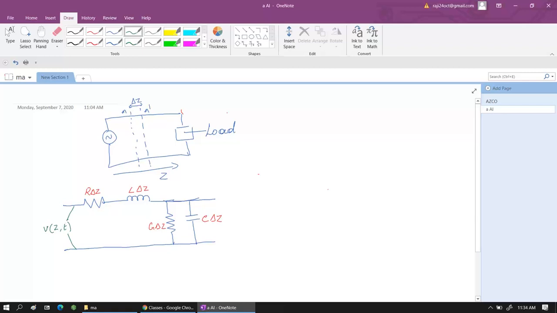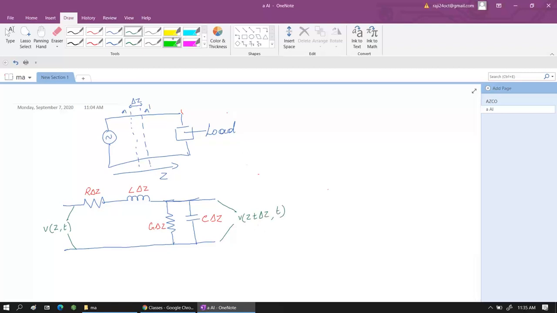But here we are considering it as V of Z comma T, because the voltage is a function of distance also. And at the other end, after it reaches a distance of delta Z, your voltage will change to V of Z plus delta Z comma T. So this is the new voltage that you are going to get over there.